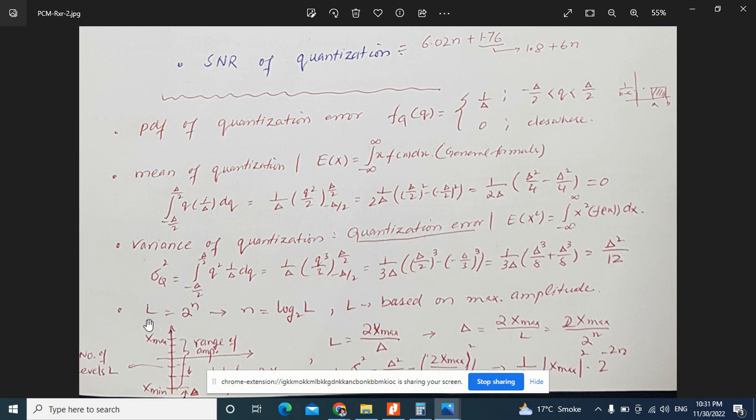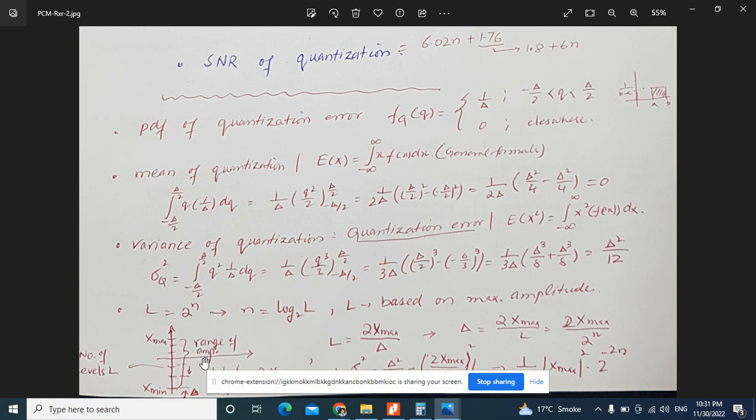So we know the number of levels is equal to 2 raised to the power n, and if you want to calculate n, you can write this formula, taking log on both sides. So n is equal to log to the base 2 of L, where L is based on the maximum amplitude. Like if your signal is something like this, this is the maximum value, this is the minimum value, and in between you are dividing the number of levels.